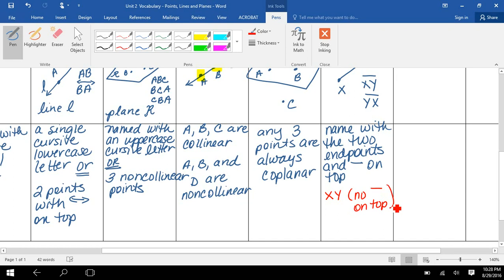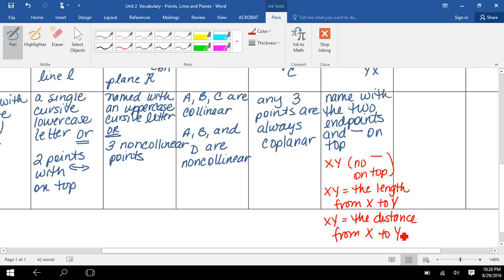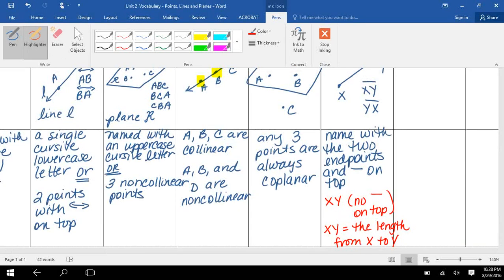Okay, if you just write the 2 endpoints with no bar on top, no line on top, no segment symbol on top, that is referring to the length from X to Y, or also known as the distance from X to Y. So whereas XY with the line on top refers to the drawing, XY with no line on top is actually a measurement.